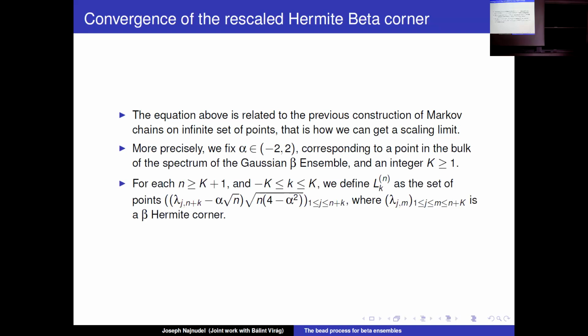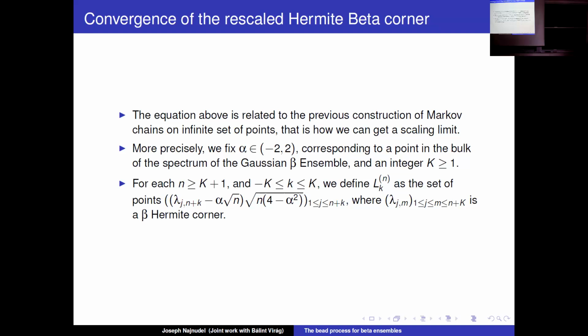And then we define the set. So we extract from the Hermite beta corner a certain number of consecutive levels. So here we go from levels n minus capital K to n plus capital K, and K is fixed. And we want n goes to infinity. So we extract a finite number of levels, and then we transform them. So we subtract alpha square root of n, and then we rescale.